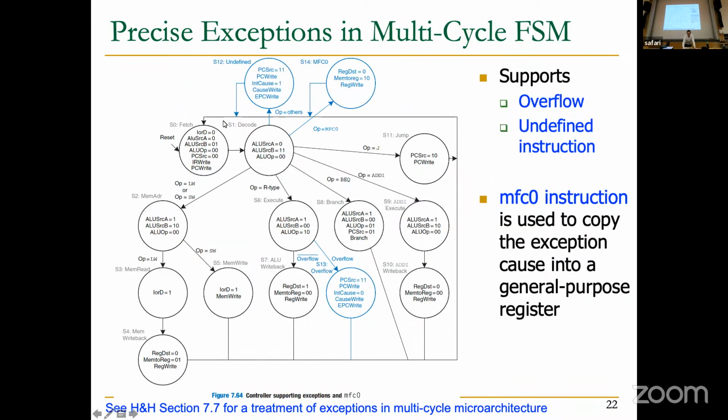So as a result, MIPS architecture adds a special instruction, MFC0. It's a terrible name. You can read the book to figure out what that is, but it's, I think, coprocessor 0. I forgot these two other ones. Something from coprocessor 0. It's a messy name, basically. But it's used to copy the exception cause into a general purpose register.